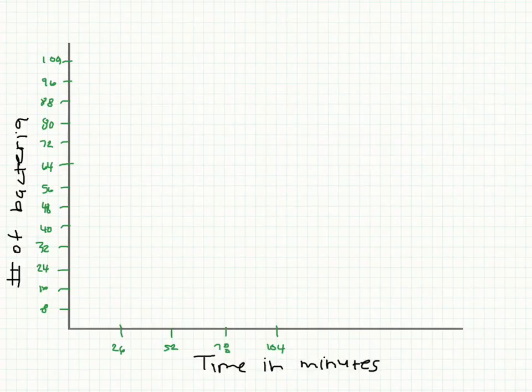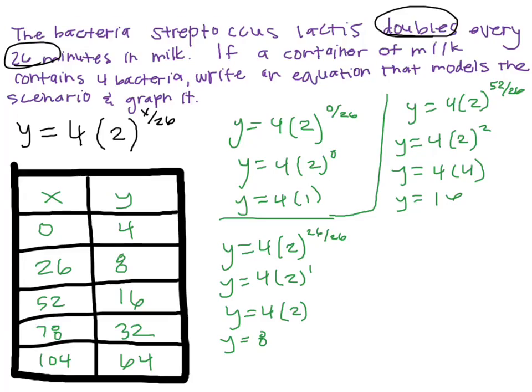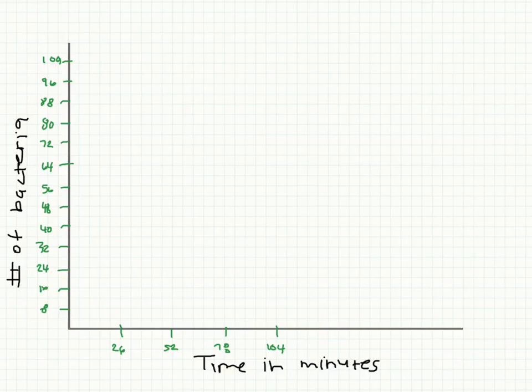So my first point belongs at 0, 4. I found by looking at my table right here. First point, 0, 4. Second point will be at 26, 8. So let's go to 0, 4 and plot our first point. Next, I'll go to 26, 8.